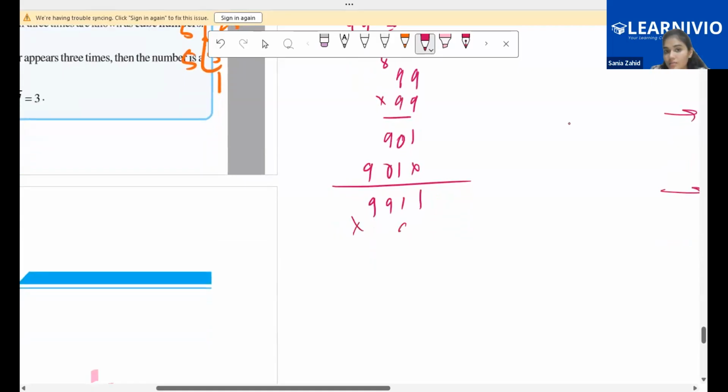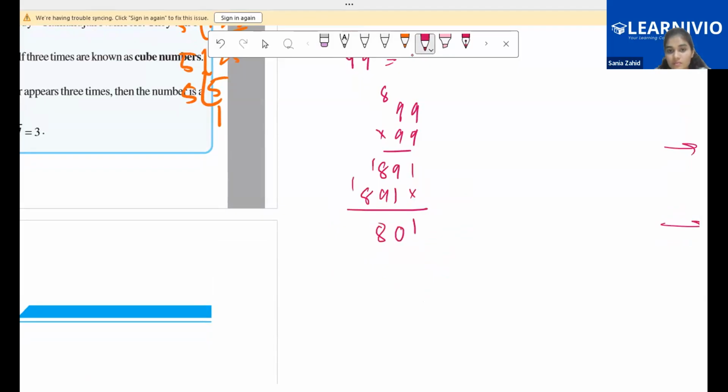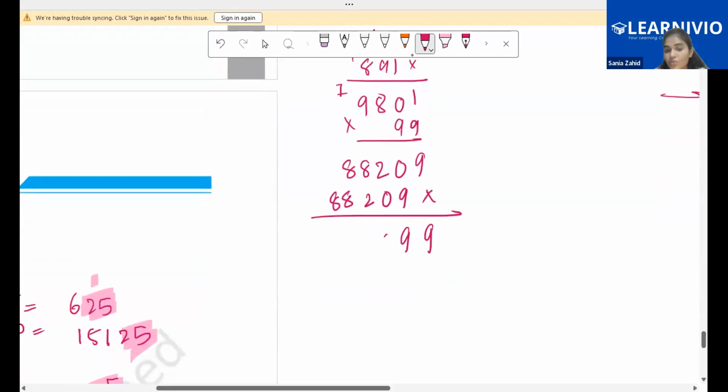Okay, then again by 99. Oh, no, no. Actually, we have 99209.